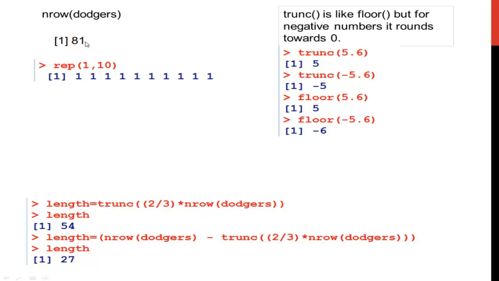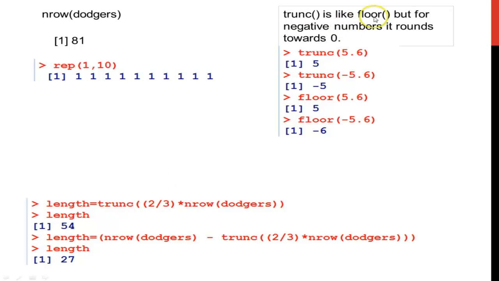Is it exactly 54? Okay, in that case we wouldn't need trunc because it's exactly 54. But if it was 54.3, what would trunc do? It would make it 54, right? So in this case we don't really need it, but just in case, in general, we could use the trunc function.